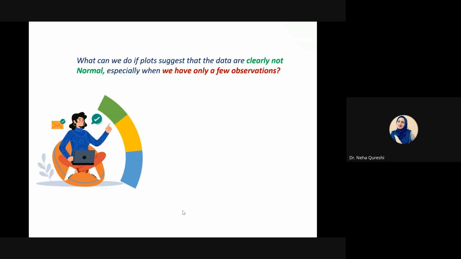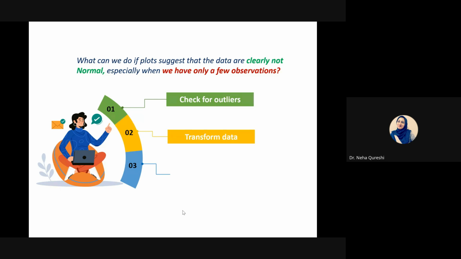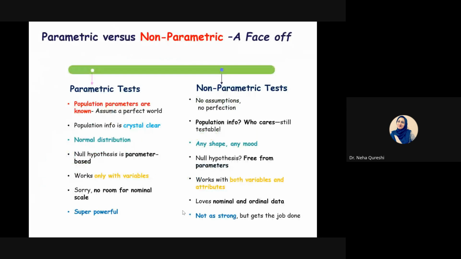So here, next is when we do not have normal data, what to do? We check for outliers, we try to transform the data, and then if nothing seems to be okay, we go for non-parametric tests. Now, what are the non-parametric tests? They're flexible. They don't have any kind of assumption.